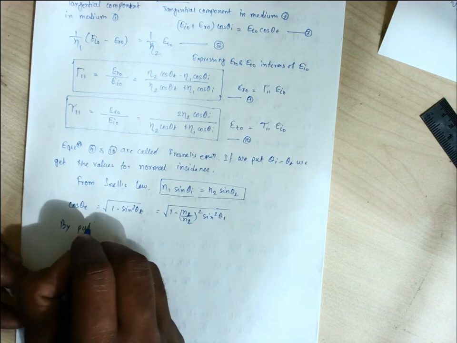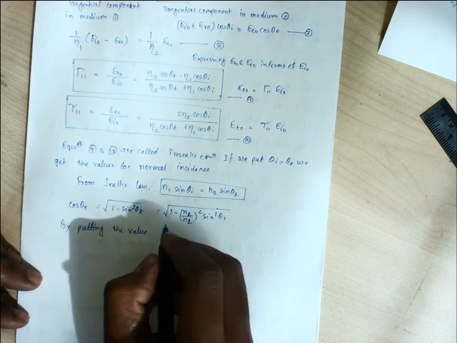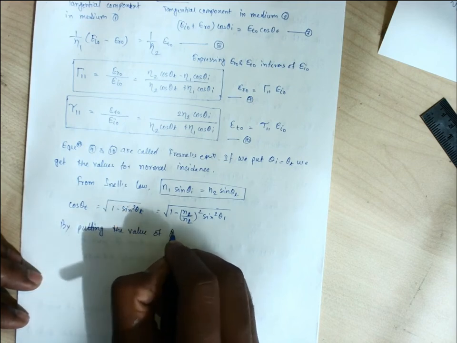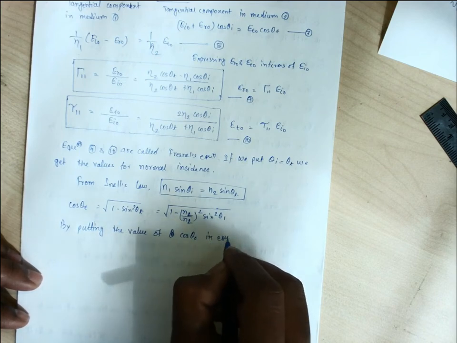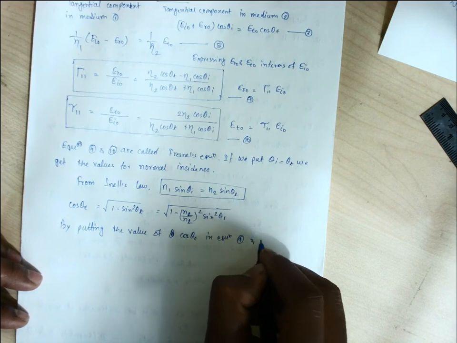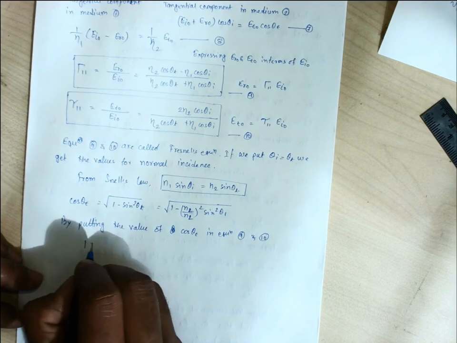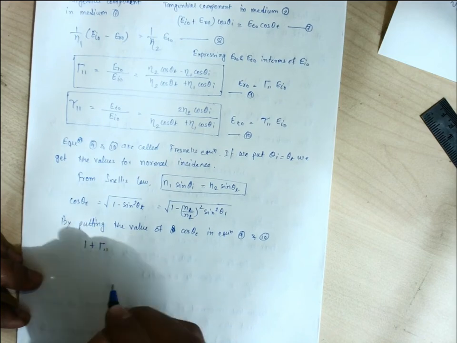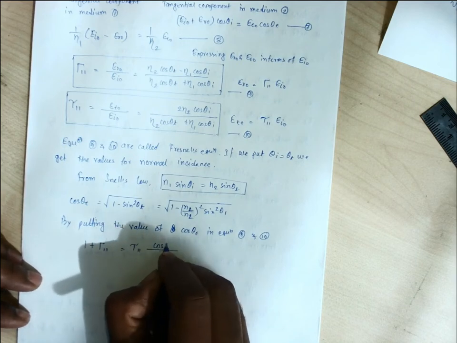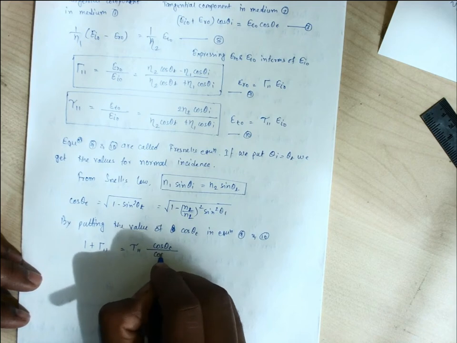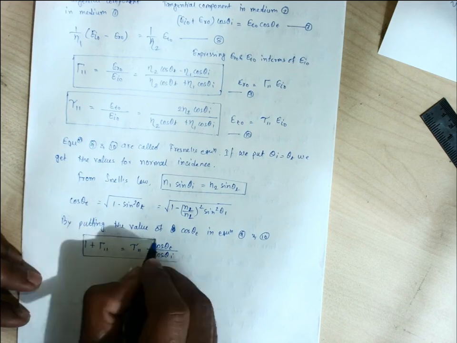So by putting the value of cos theta t in equations 9 and 10, we can write down this one as 1 plus gamma parallel is equals to tau parallel into cos theta t by cos theta I. Previously we have seen 1 plus gamma is equals to tau.